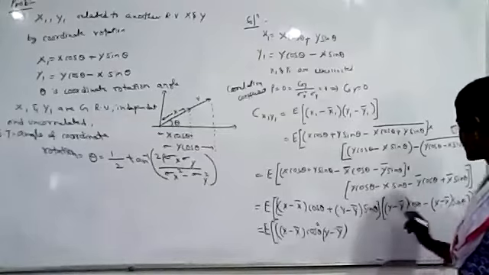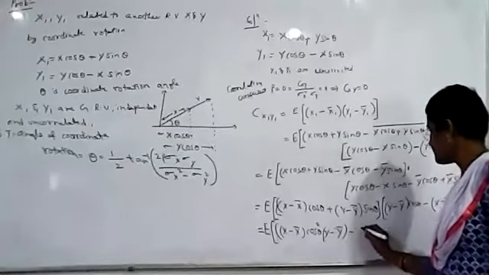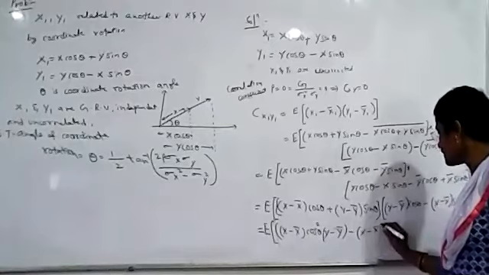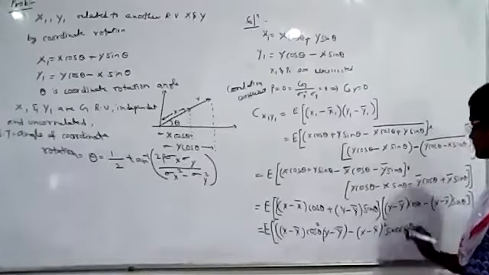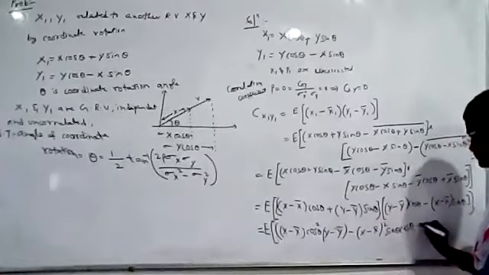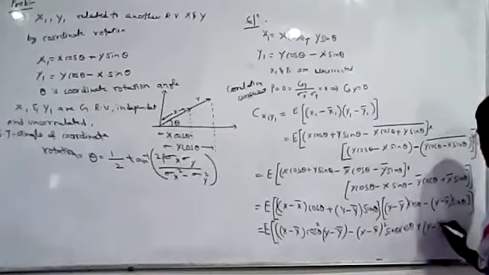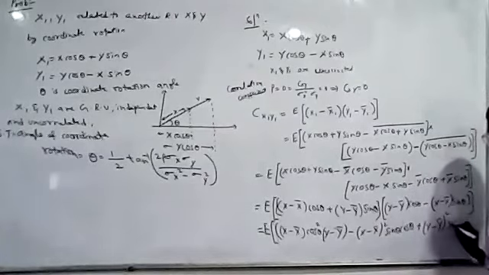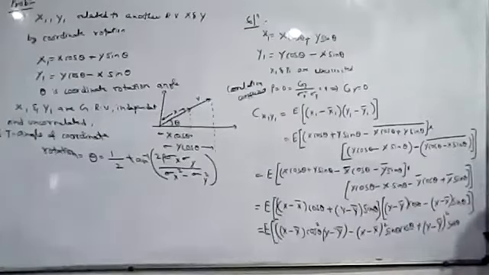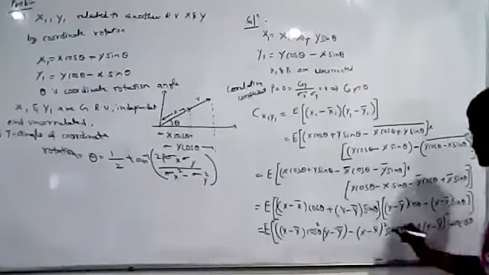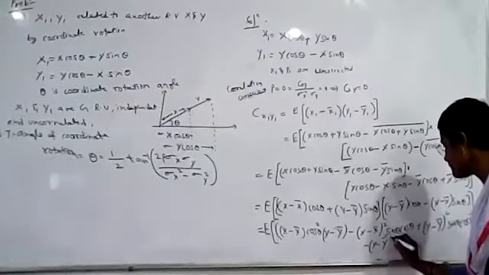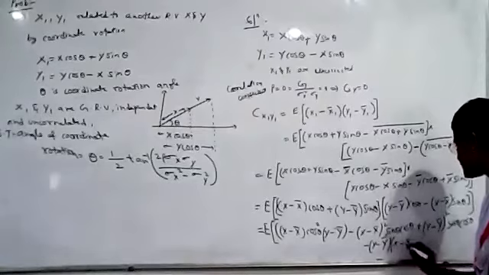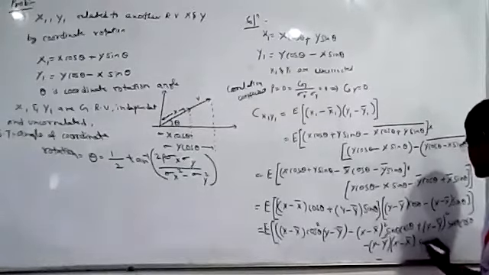Then multiply these two terms: minus x minus x bar square sin theta cos theta, plus y minus y bar square sin theta cos theta, plus minus the next term, y minus y bar into x minus x bar sin square theta.